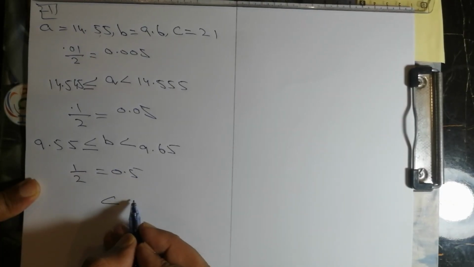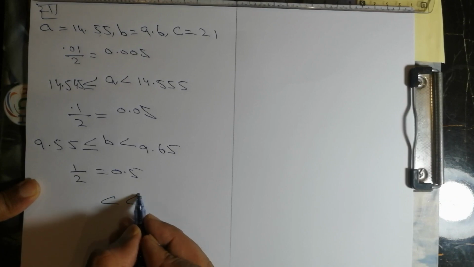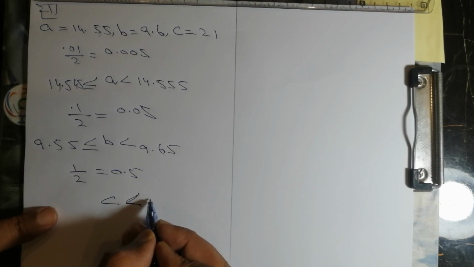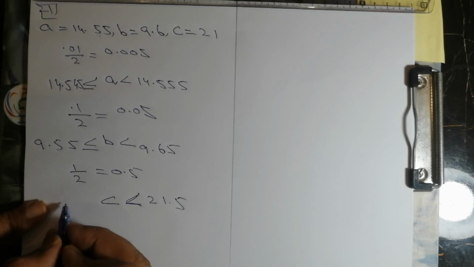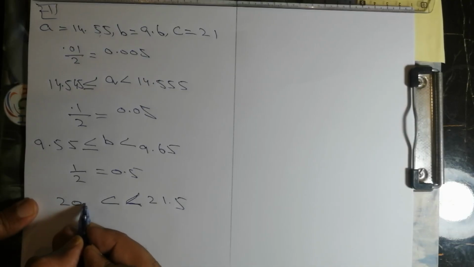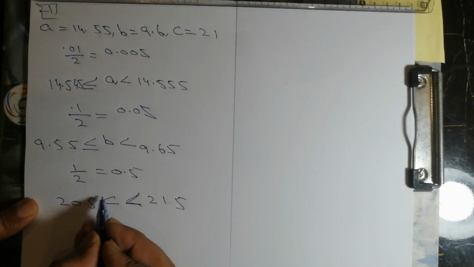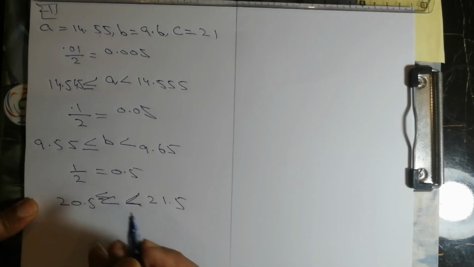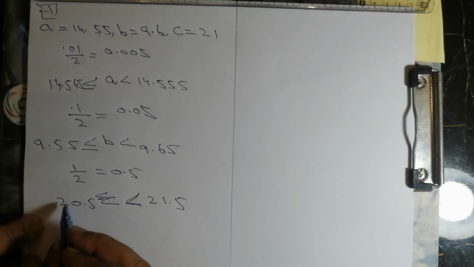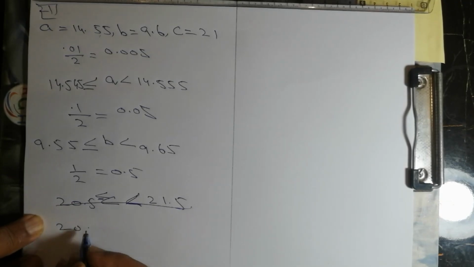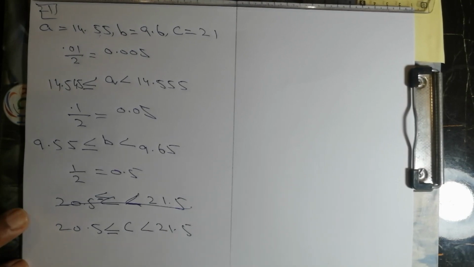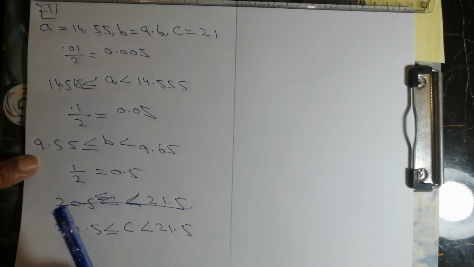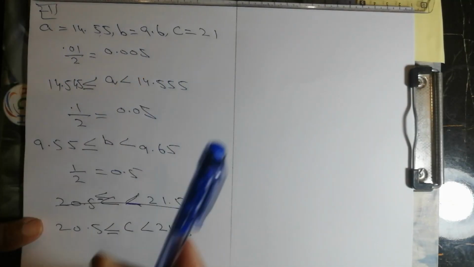So for C we can write the lower bound 20.5 less than or equal to C, and C less than 21.5. So we found the lower and upper bounds of A, B and C.